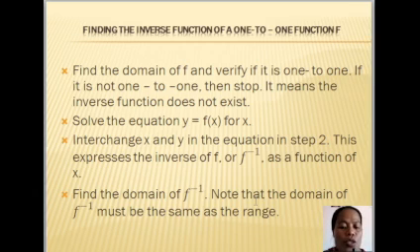Next, interchange x and y in the equation in step 2. This expresses the inverse of f, or f negative 1, as a function of x. The last is to find the domain of f negative 1. And note that the domain of f negative 1 is the same as the range of f.